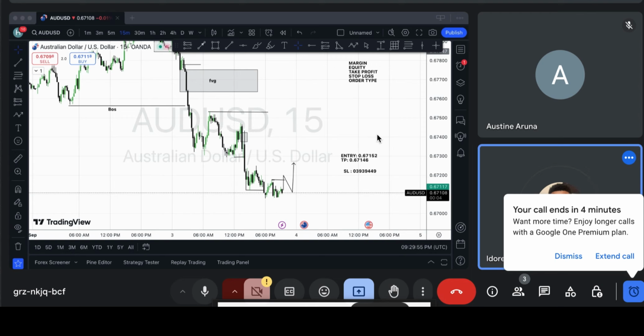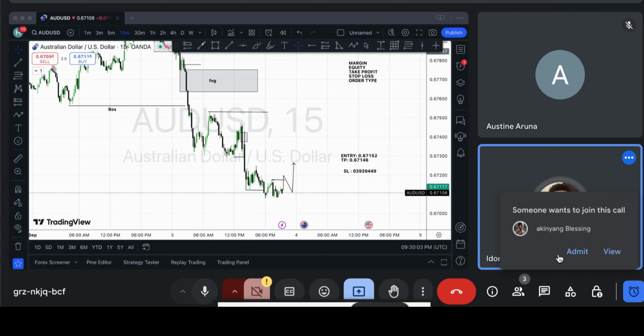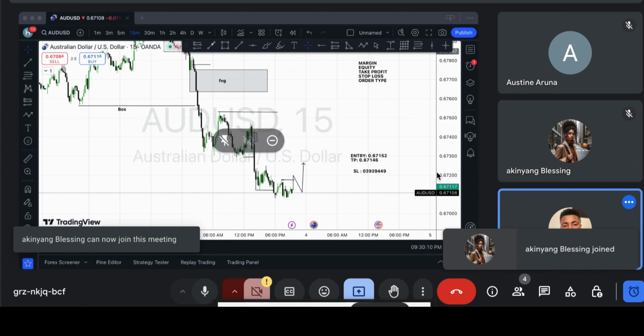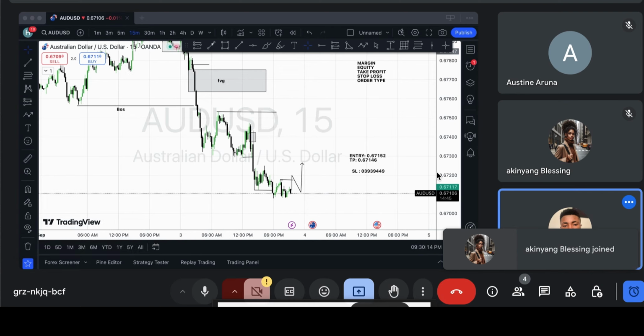Market orders are executed immediately at the current market price.